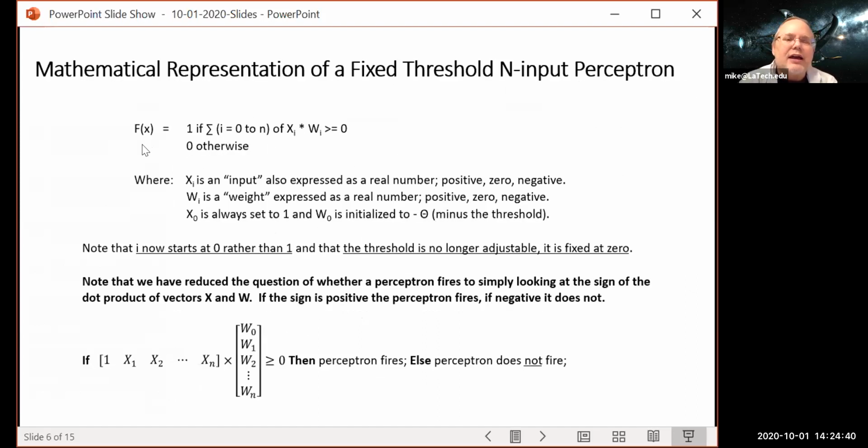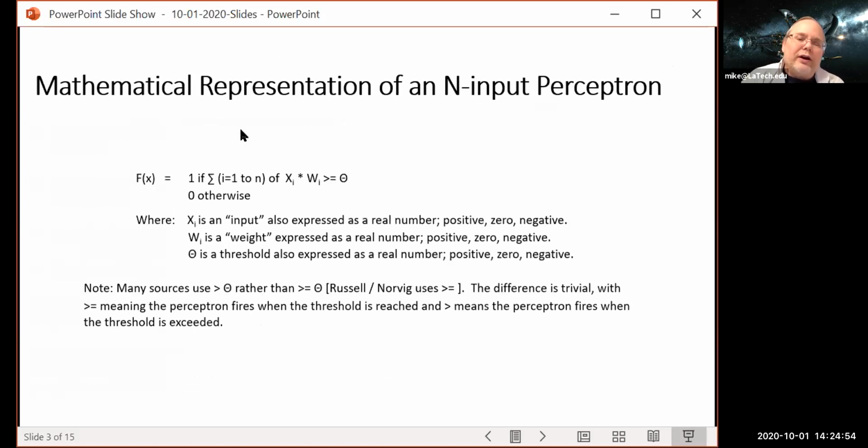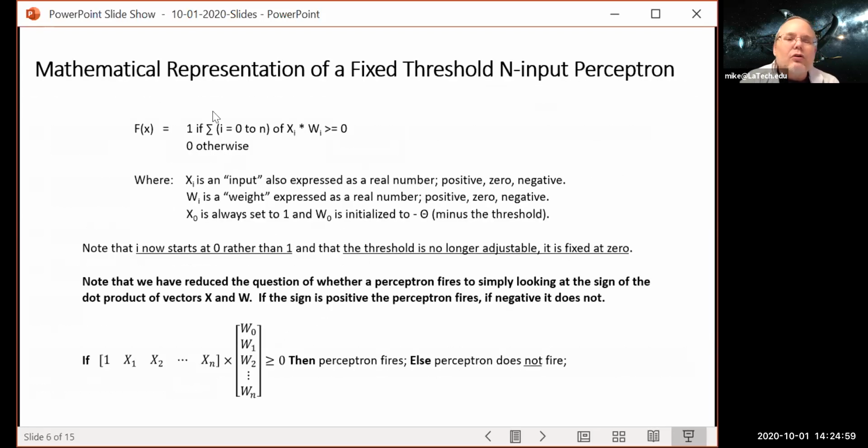So mathematically, it's exactly the same as before. We have a function of a vector x that will return a 1 or a 0. It returns a 1 if the sum, now notice I'm starting at 0, where before I was starting at 1, so i goes from 0 to n, x sub i times w sub i, where the original w sub 0 will be set to minus theta.